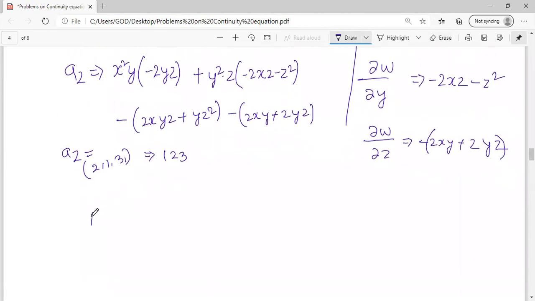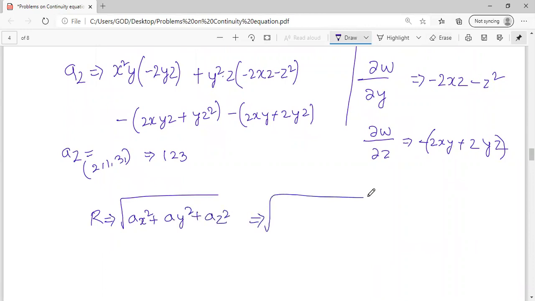Now I need resultant acceleration, which is equal to the square root of acceleration along x squared plus acceleration along y squared plus acceleration along z squared. So if we observe this, what is acceleration along x? That is 28². Acceleration along y is minus 3², plus 123².